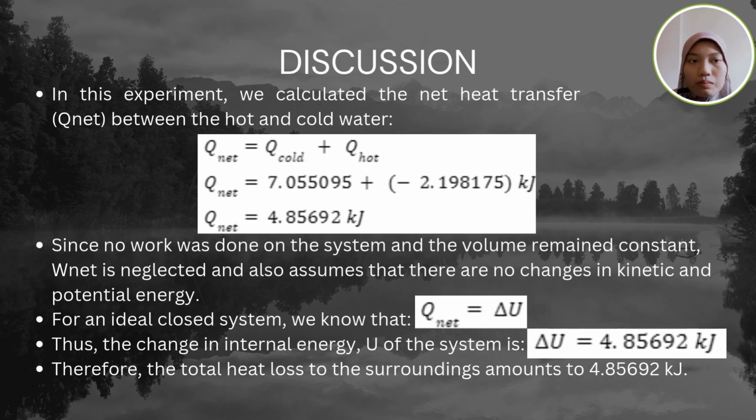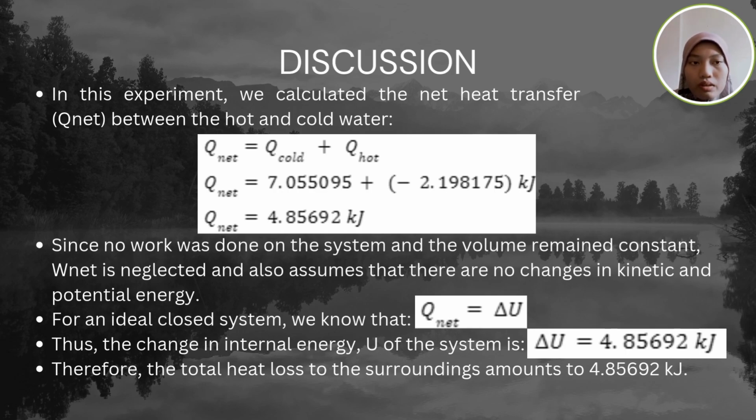So Q net equals Q cold plus Q hot. So 7.055095 kilojoule plus negative 2.198175 is equal to 4.85692 kilojoule. Since no work was done on the system and the volume remained constant, the work net is neglected, and we also assume that there are no changes in kinetic and potential energy.